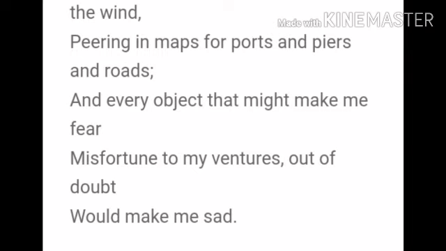Misfortune means danger to my venture, to my ships or to my business items. So whatever item is there in the sea which I feel is capable of causing misfortune or danger to my ship, out of doubt means no doubt, would make me sad.